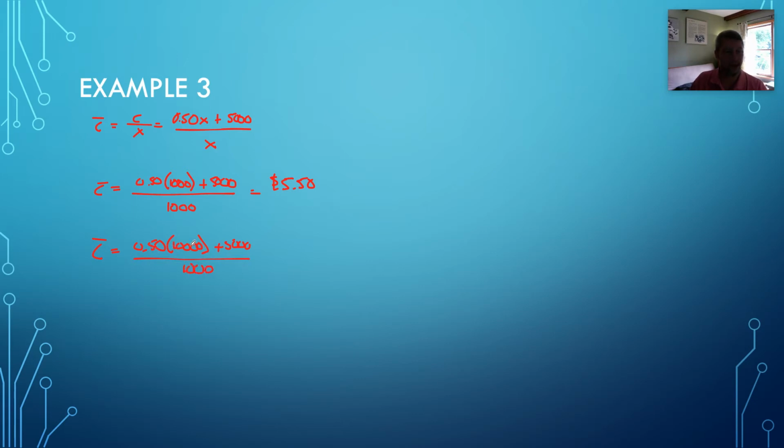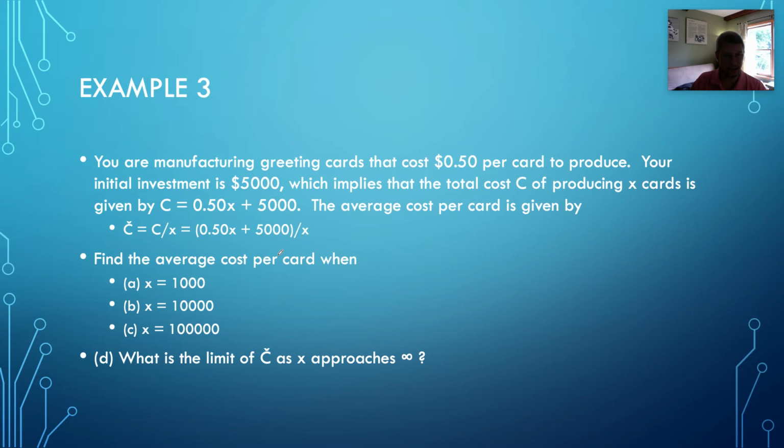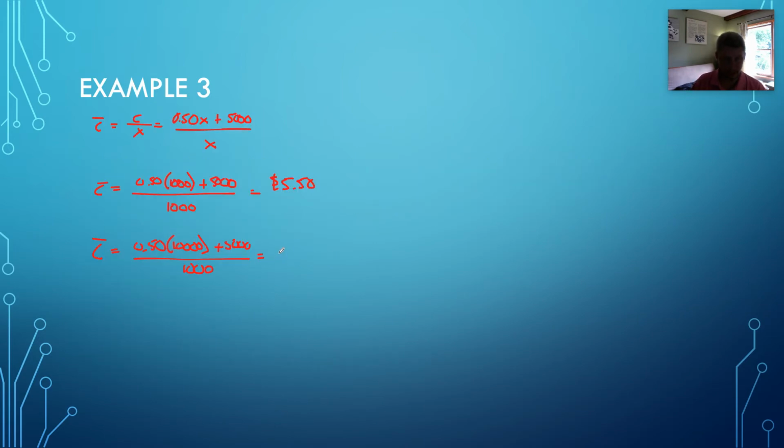Now, 1/2 times 10,000 is 5,000, plus 5,000 is 10,000, divided by 10,000 in this case is going to be $1.